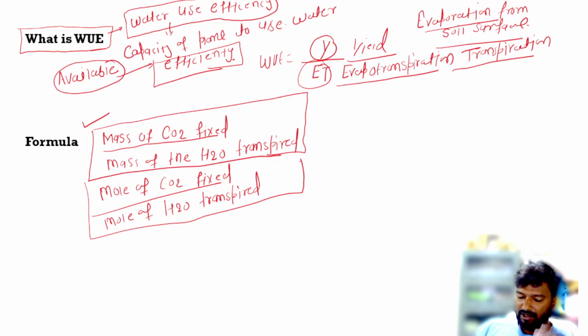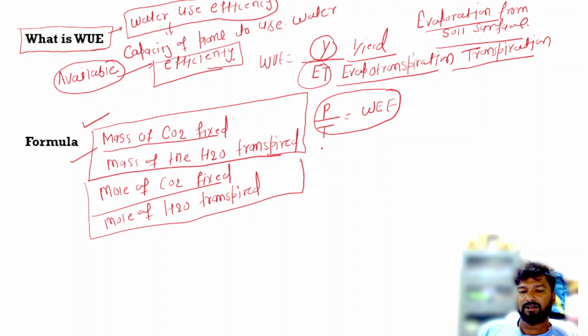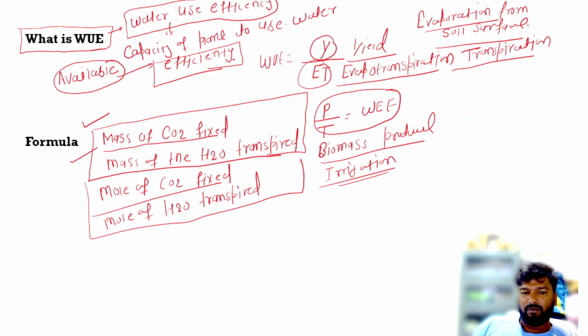Okay, so we can define the water use efficiency in different terms: photosynthesis upon transpiration, or also how much biomass is produced upon how much water is applied in the irrigation form. So we can define water use efficiency in different terms.